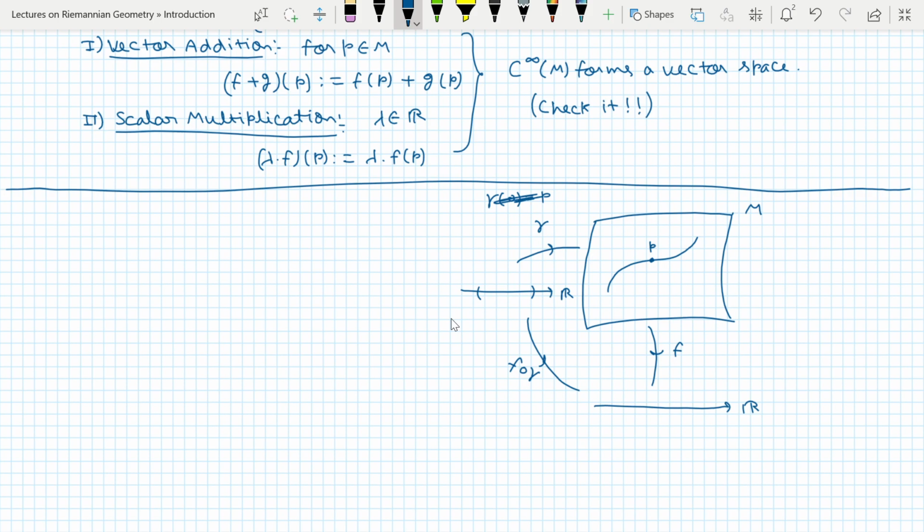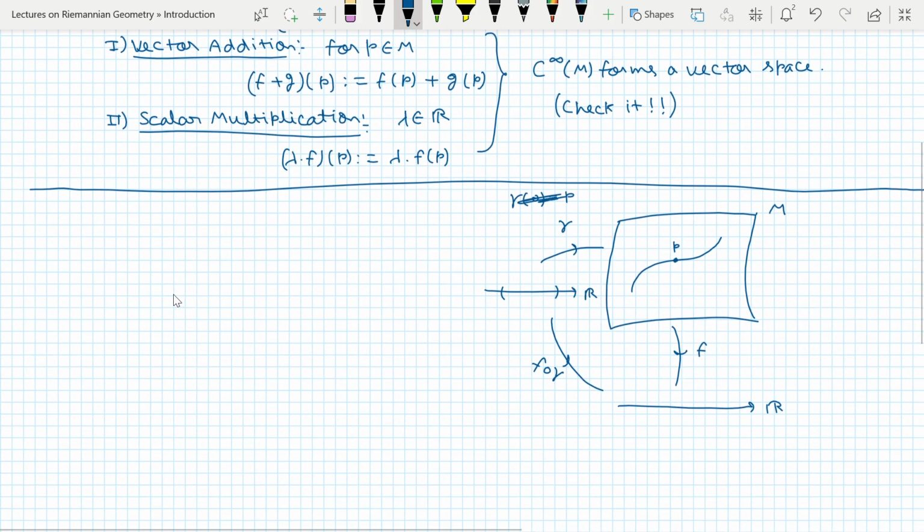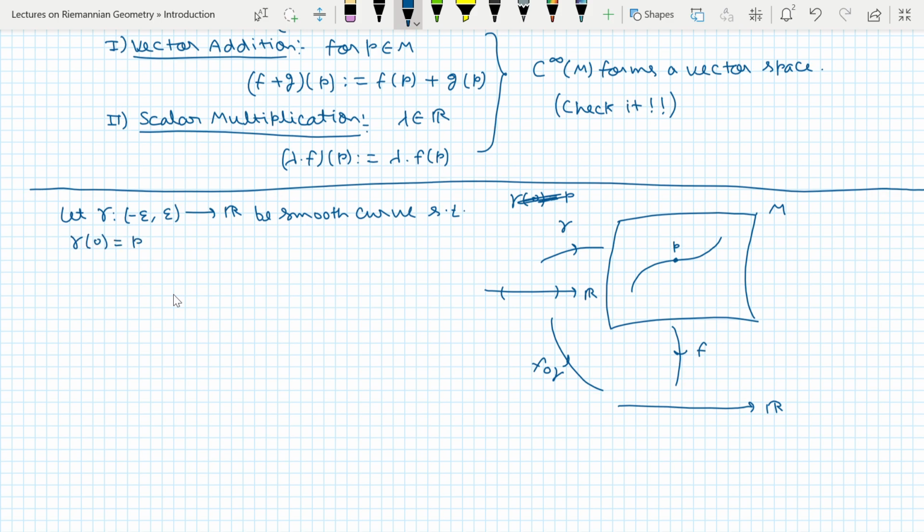So basically this is giving you a derivative operator. We are going to define something called a directional derivative operator. So let gamma from some open interval to R be a smooth curve, such that gamma of 0 is equal to P. And we can do this without loss of generality.